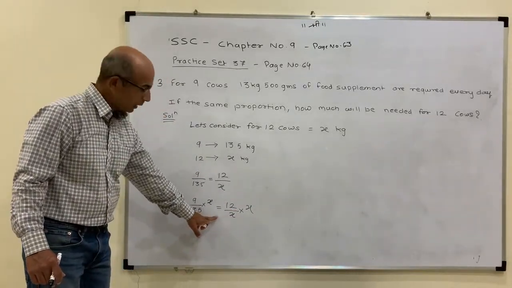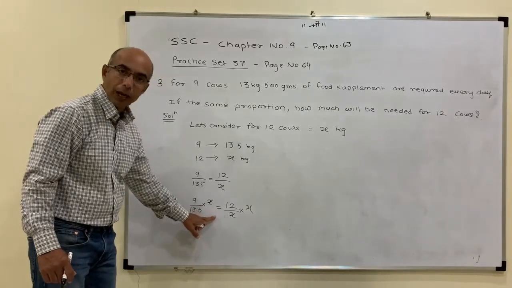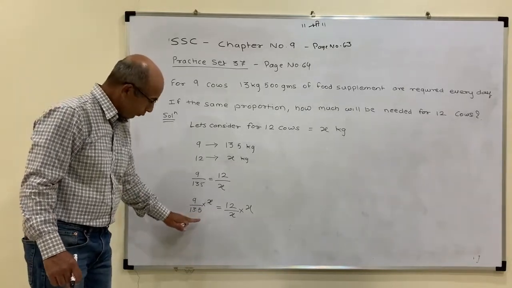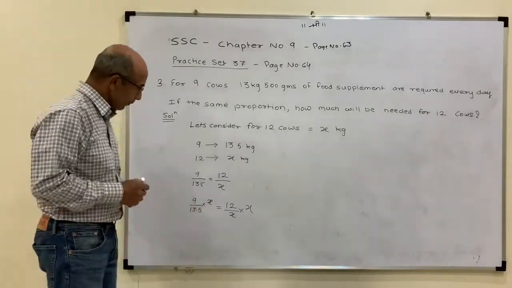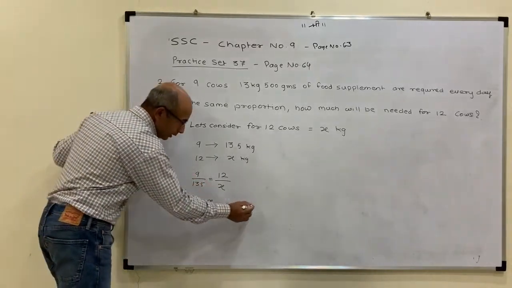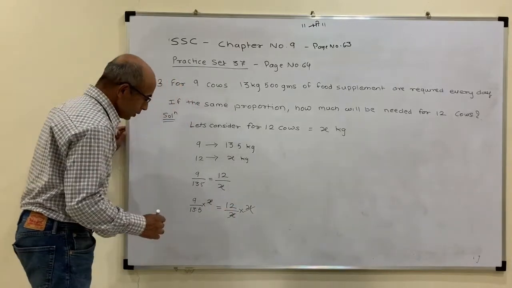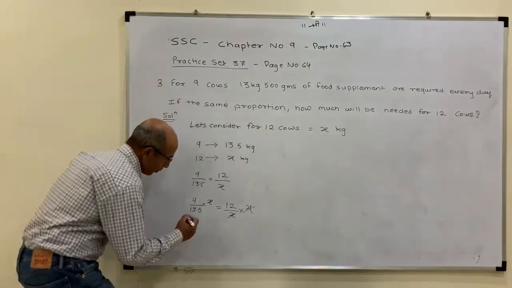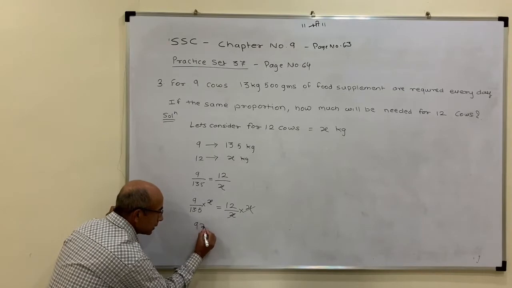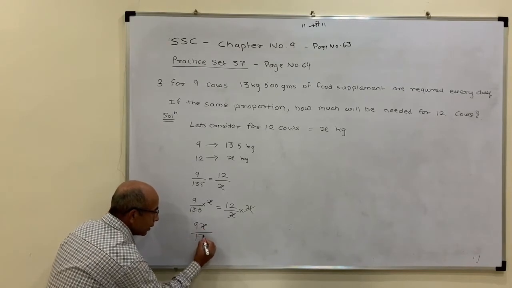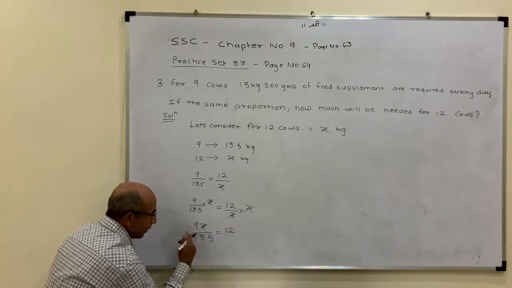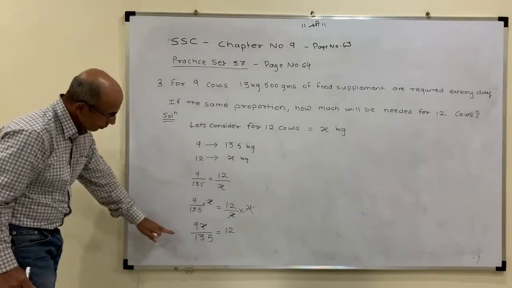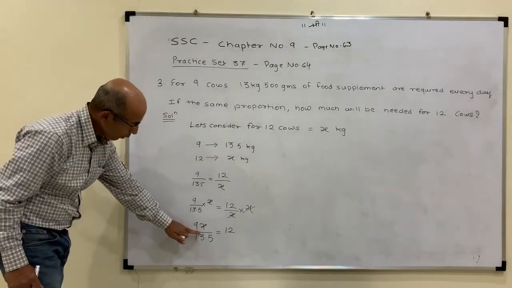So the equality should stand true. Whatever operation we do on the left hand side has to be done on the right hand side. So this x is gone. My next step comes out to be 9x divided by 13.5 equals 12.